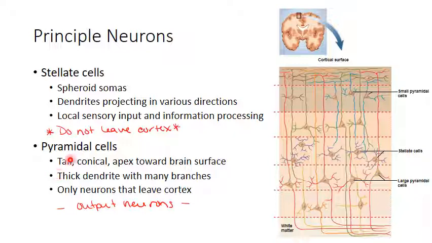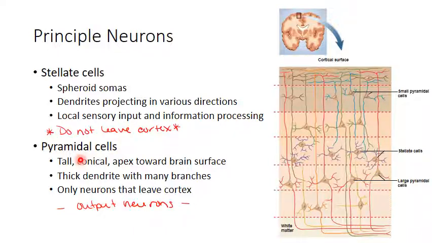When we look at them from an anatomical standpoint, they almost look like diamonds, or I guess pyramidal, right? So they kind of look like these pyramids. And then they have many dendrites and these really, really long axons that are going to carry down those white matter tracts.